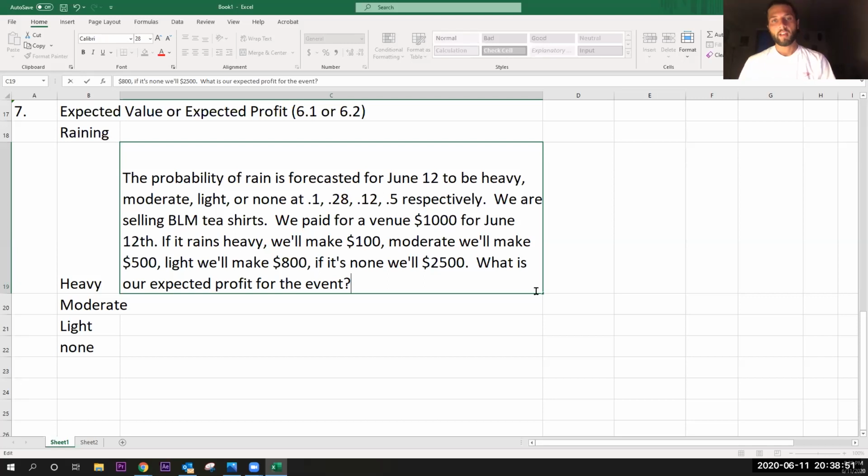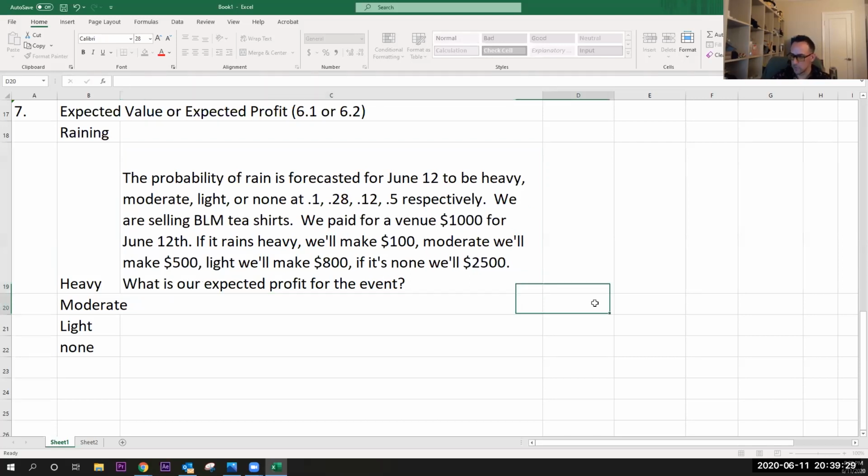Would you put 100 in L1 and 0.1 in L2, and then 500 in L1, 0.28 in L2, 800 in L1, 0.12 in L2, 2,500 in L1, and 0.5 in L2, and then when you get that value, say it's 2,000, just subtract the 1,000 because that's what you paid for the venue. I think that sounds good. Good idea. Yeah, it sounds like a good idea.